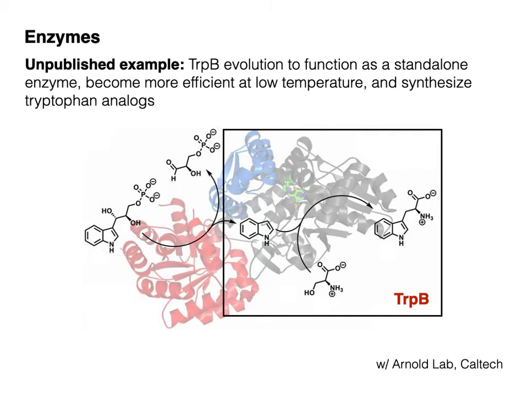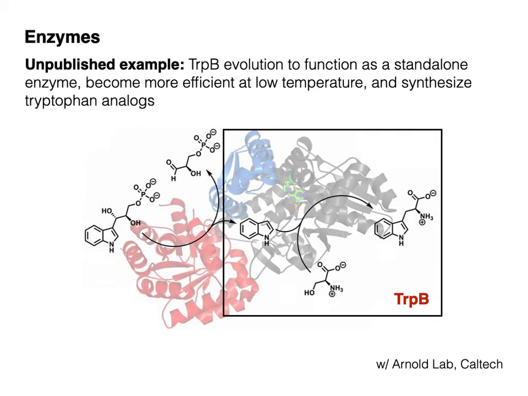The ultimate goal of this project is to evolve TrpBs capable of taking derivatives of indole and synthesizing the corresponding unnatural tryptophans, which are valuable chiral building blocks in chemical synthesis. This means we want to evolve TrpB to do three things. One, we want it to act as a standalone enzyme that doesn't require TrpA, so that we can just feed unnatural indoles to the enzyme rather than relying on TrpA.